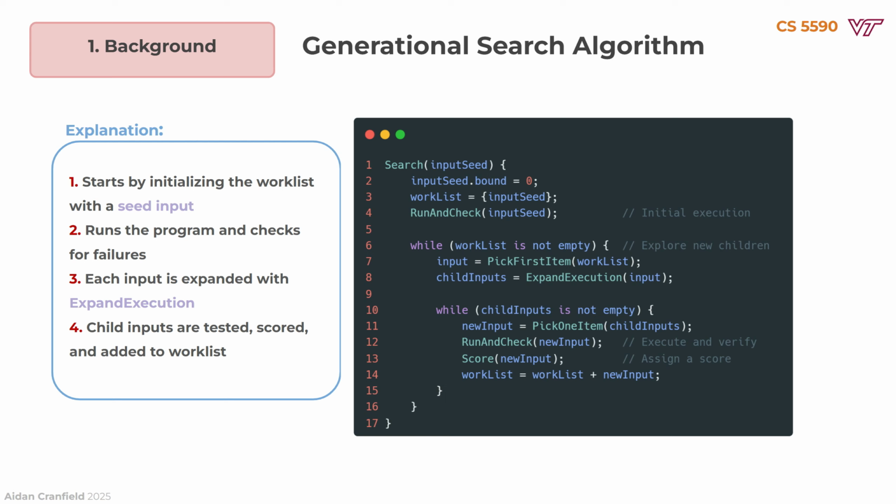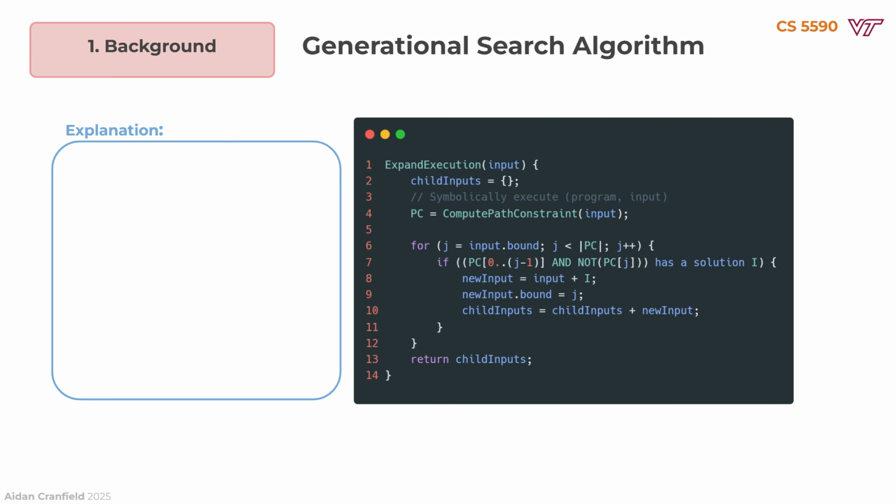Now this isn't all, because we do need to talk about the expand execution part, which symbolically executes the program and negates constraints to generate new test cases. This is the part for path exploration.